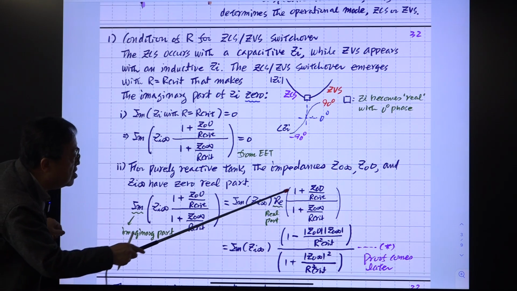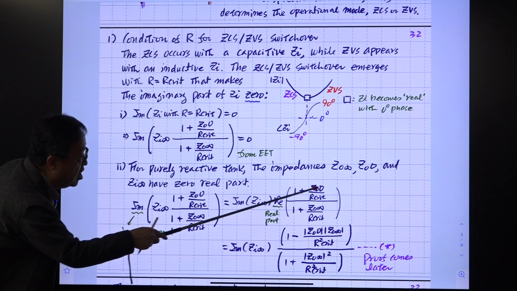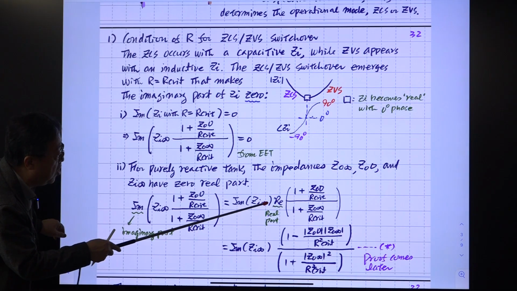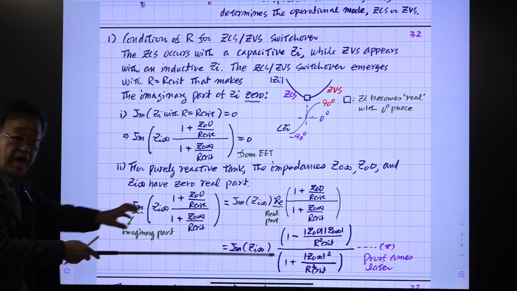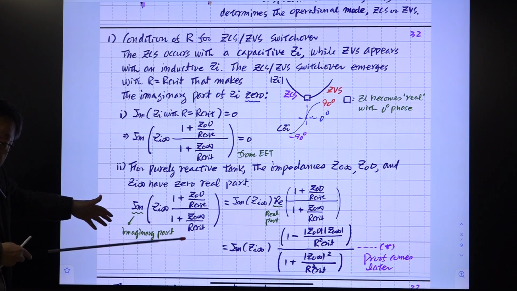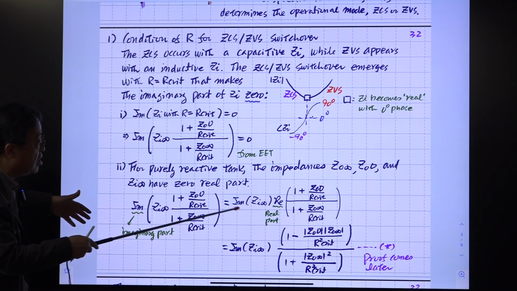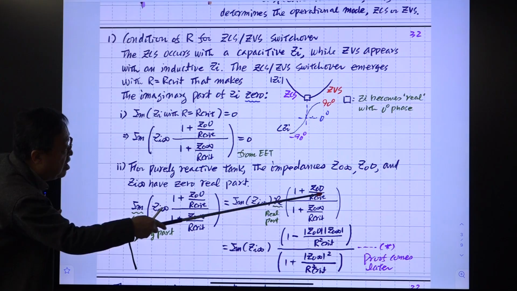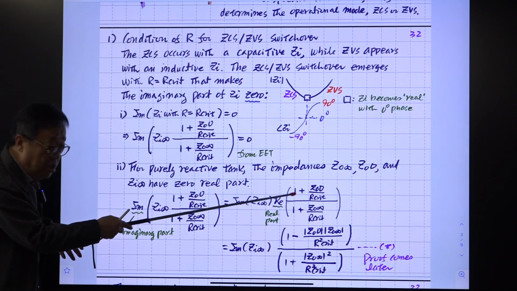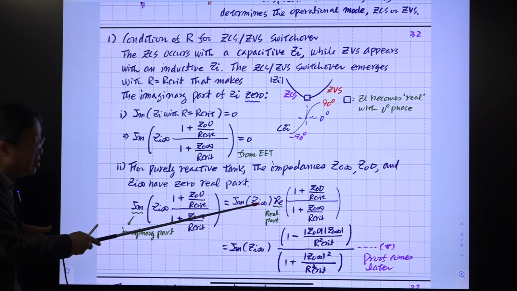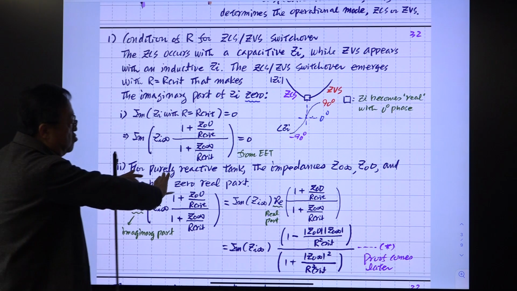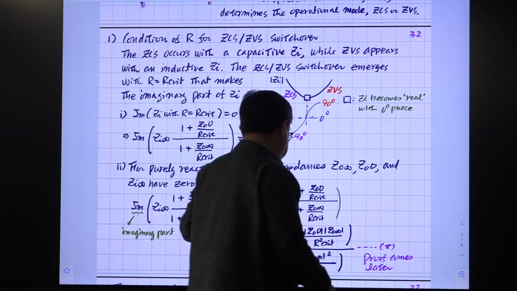This is a complex number. Just take the real part of it and multiply it by this imaginary part. That is the imaginary part of the whole thing, because everything becomes imaginary. A real number times an imaginary part is an imaginary number. So we intentionally split one equation into two expressions.